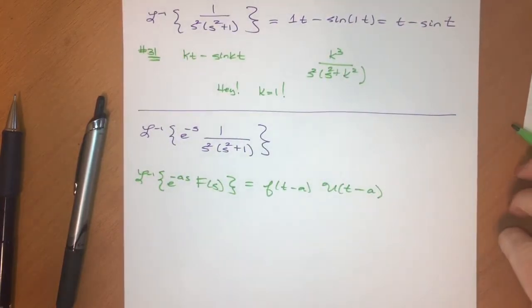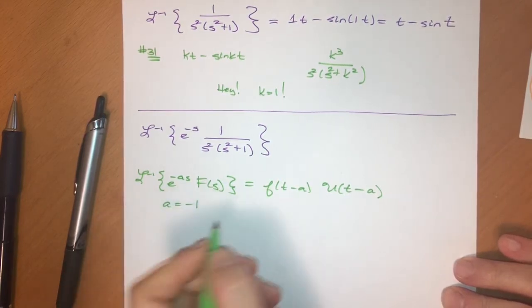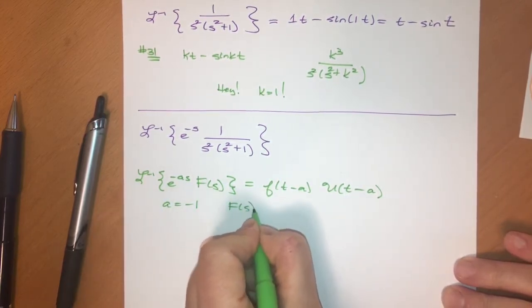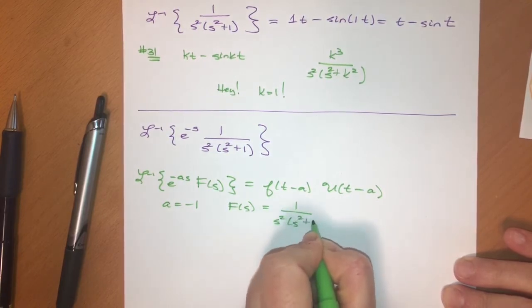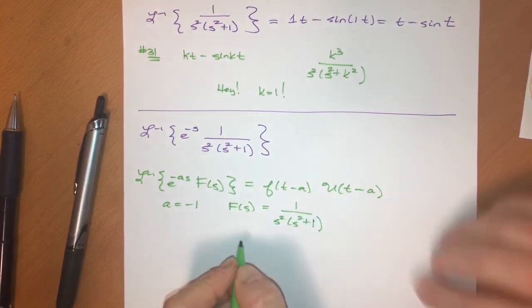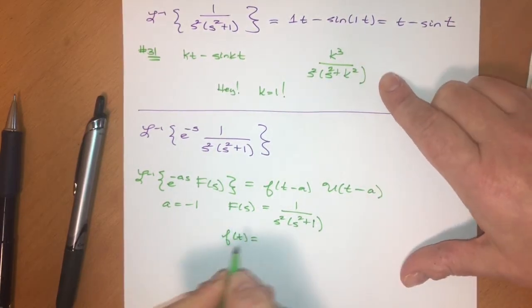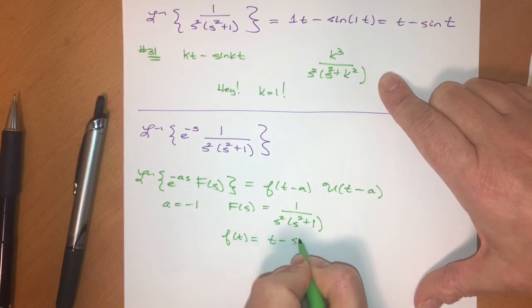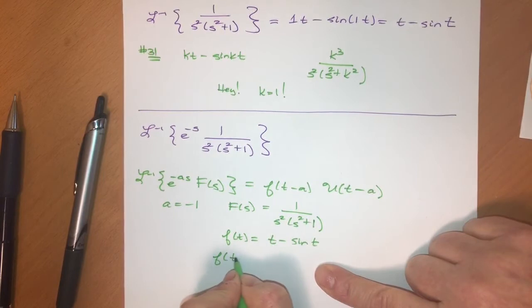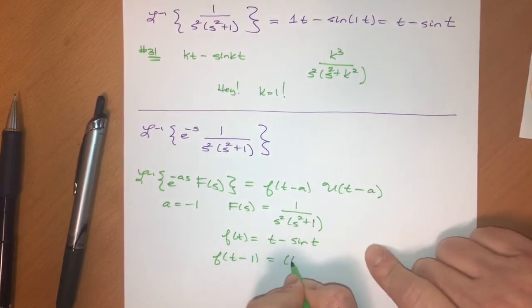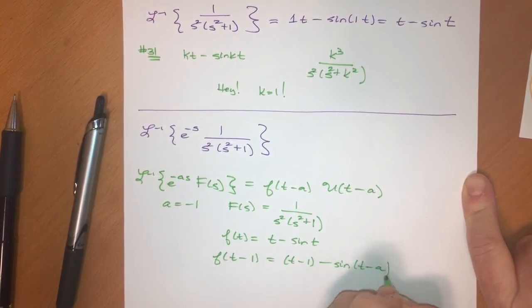So here my a is minus 1 and my f of s is 1 over s squared plus 1. And using what I knew up here, my little f of t is t minus sine of t. So f of t minus 1 will be t minus 1 minus sine of t minus 1.